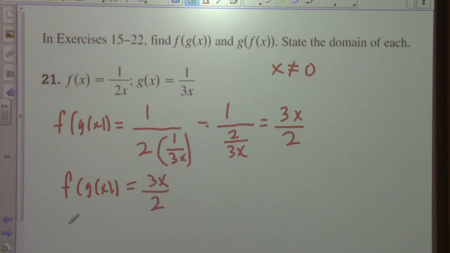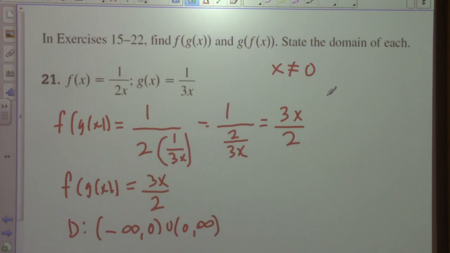And then also we have for our domain, how do we write our domain? So there we have that in our domain. So try to do g of f of x, see if you get the same thing. I think it's the opposite.